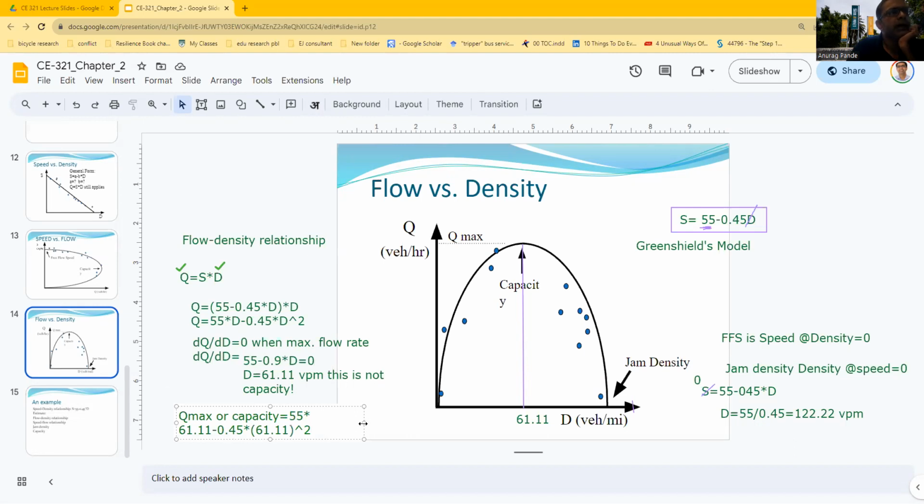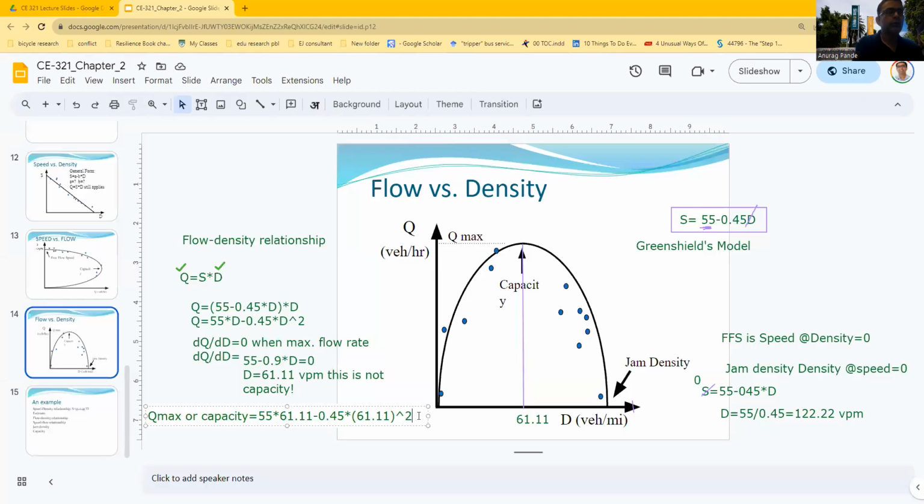I hope you can all see how I'm getting to that value. This is what gives me the Q max, or the capacity value. That's pretty easy to solve. I'll let you do the arithmetic here using your calculators, and that's the capacity value.